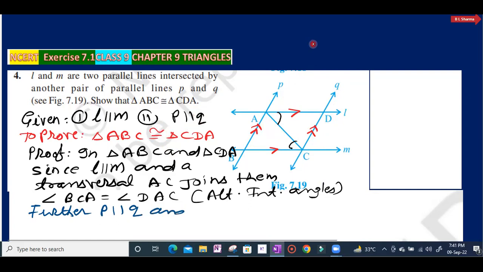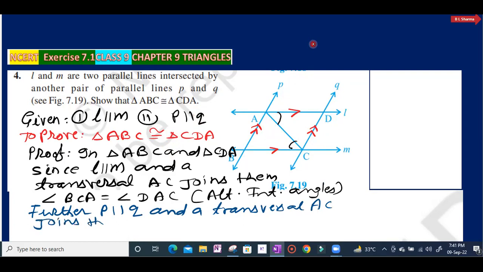And a transversal AC joins them. Therefore, this angle is equal to this angle. These are also alternate angles. Therefore, angle BAC is equal to angle DCA.